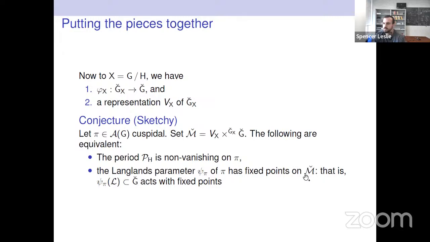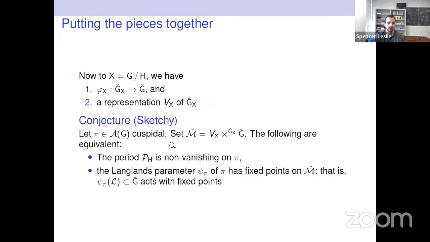All right. And that's actually where some of my recent work has come in, is that in cases where the variety X is a so-called symmetric space, by studying rationality questions for the variety X, we're able to actually endow this space M check with a Galois action, so that this fixed point problem can be made more precise.